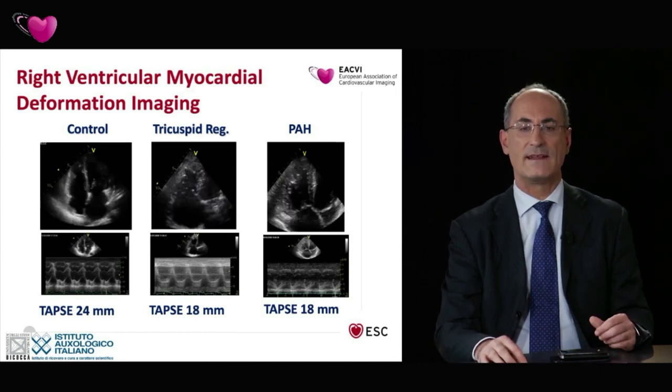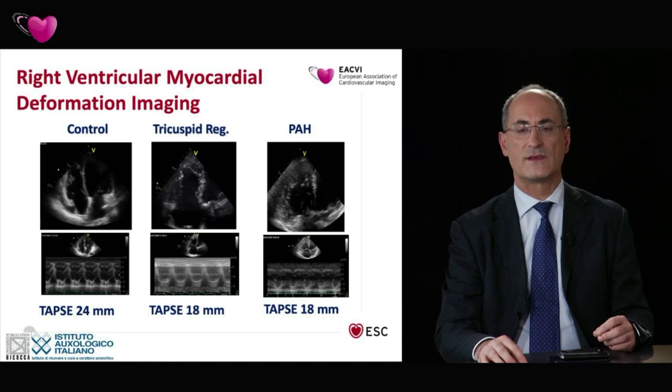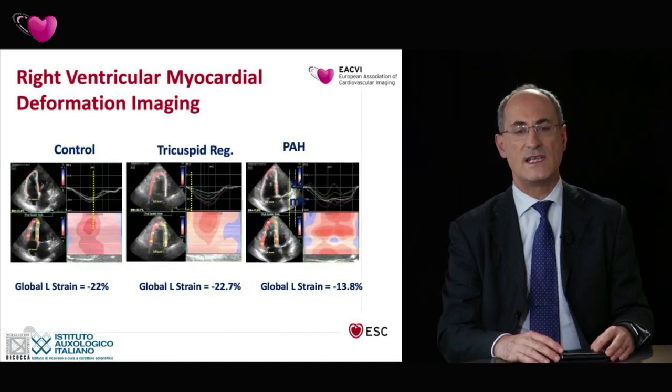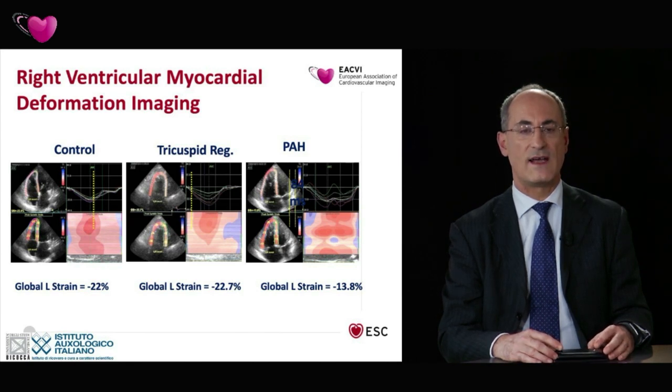What can the measurement of right ventricular strain add in patients like those? We see the same ventricles examined with right ventricular strain, and we see that for the healthy subject on the left, the global strain is absolutely normal, -22.